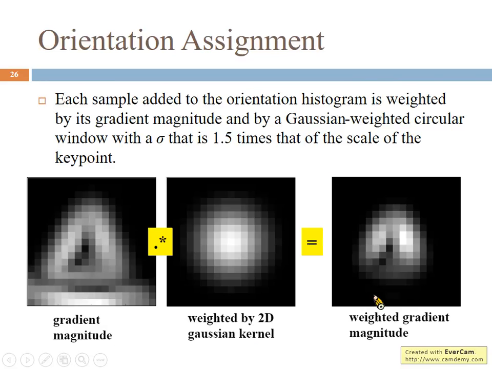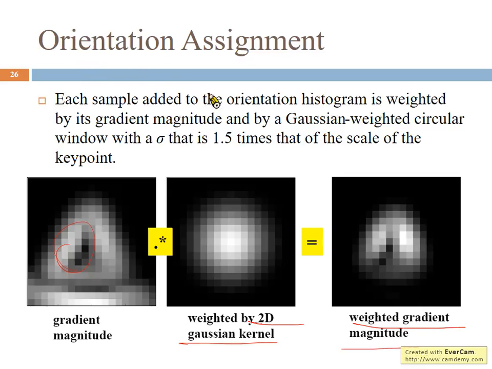Based on such information, we can develop the descriptor. But before that, the gradient magnitude will be convolved with a 2D Gaussian kernel to do some smoothing, because we try to emphasize the central part of each patch. So we finally construct the weighted gradient magnitude.